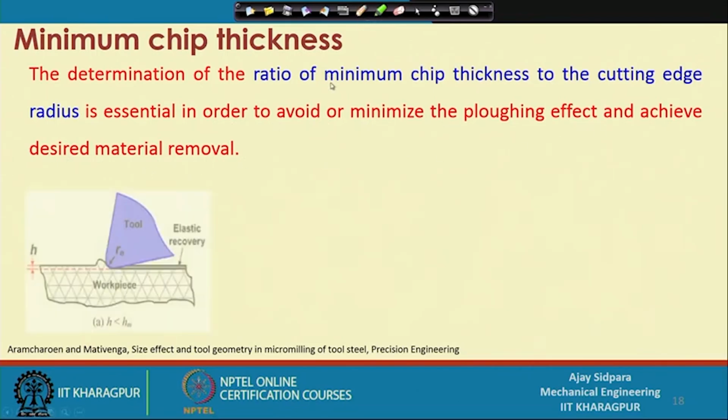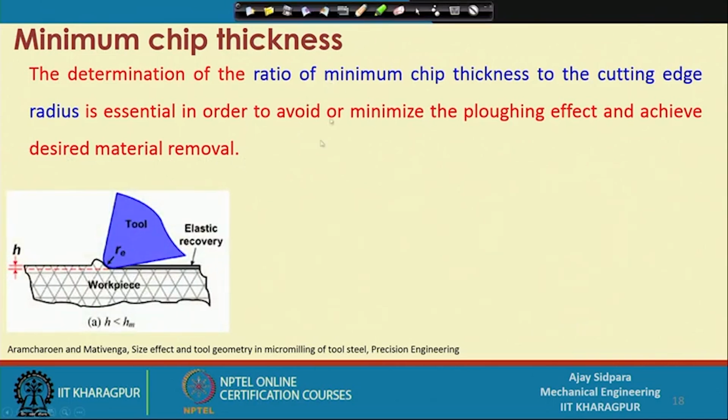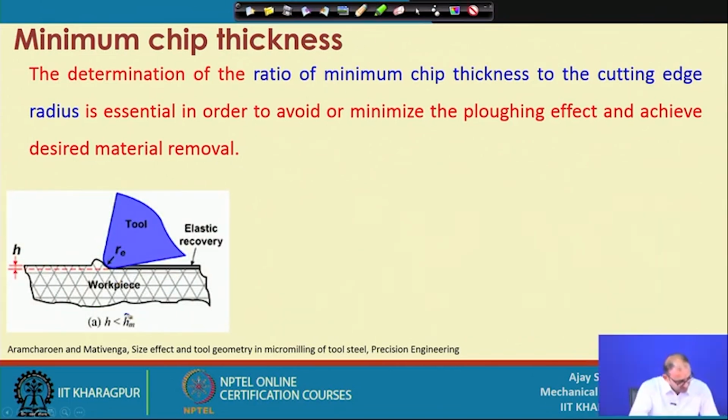So, let us see the first figure here. What this figure tells us is that this is the minimum chip thickness required, the minimum required to get the material out in terms of chip. So, this is called the minimum chip thickness.